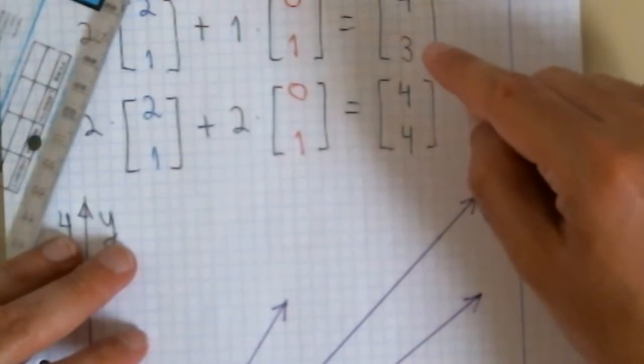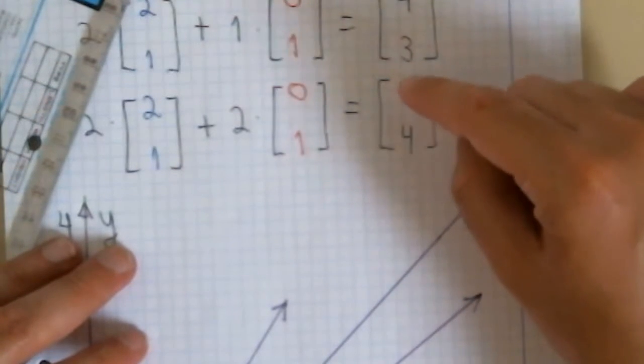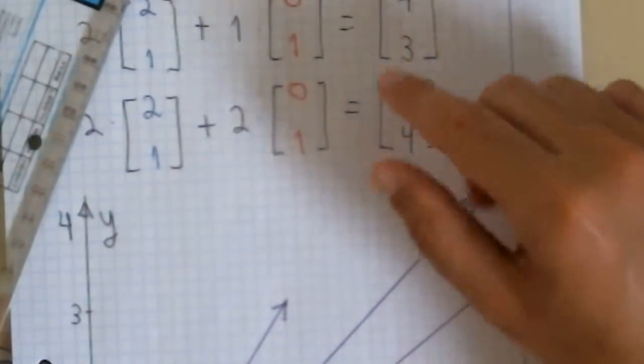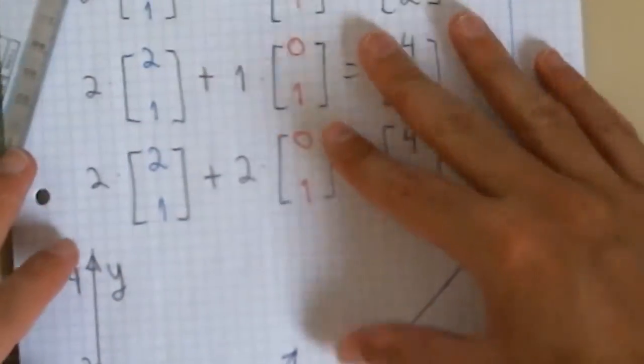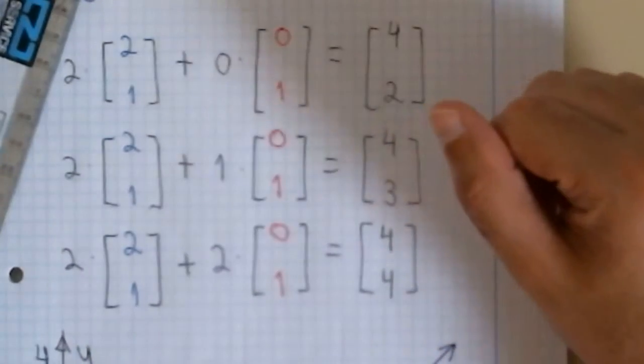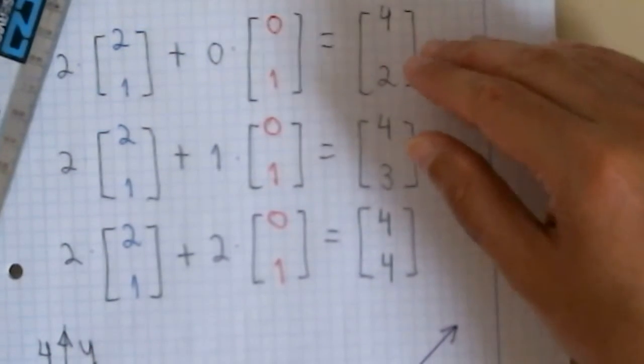It tries to show that a linear combination of two different vectors in the plane covers the whole plane. Okay, so that's it.